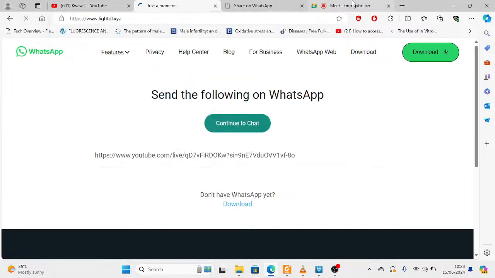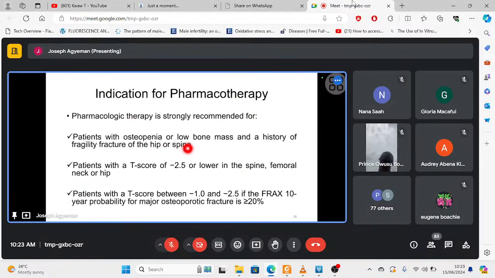So patients with osteopenia or low bone mass, as per the dual energy X-ray absorptiometry, you will know, and a history of fragility fracture, either of the vertebra or the hip. Such individuals, you must start them on pharmacotherapy. Low bone mineral density with fractures or history of fractures, you must put them on pharmacotherapy.